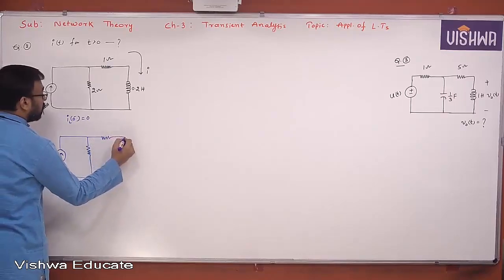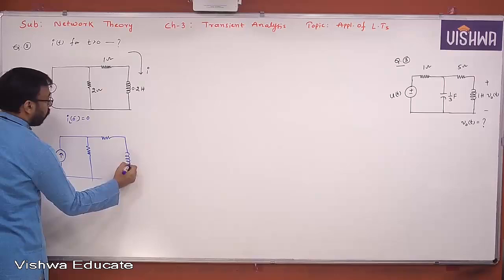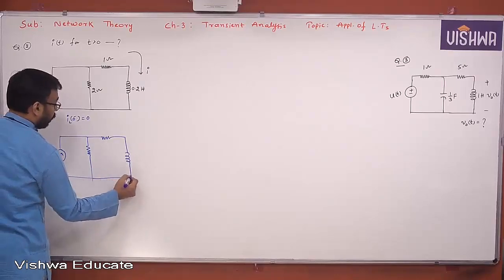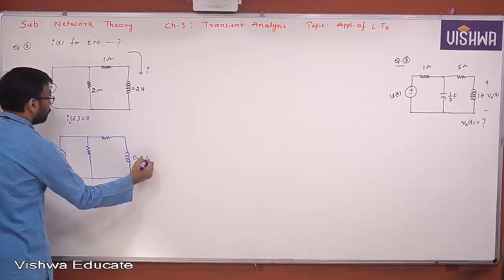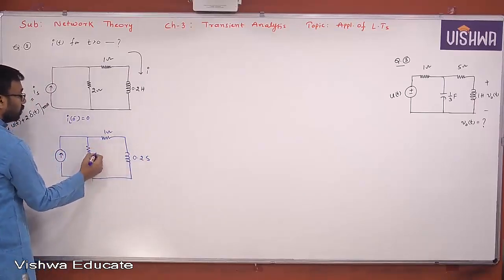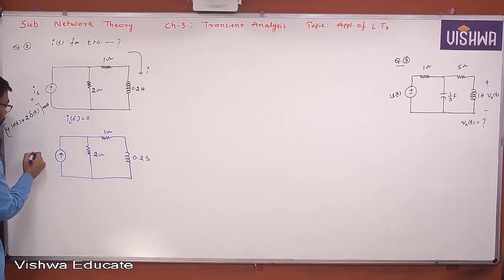Here I can find this value. Now what is this actually here? 0.2s, 1 ohm, 2 ohm. What about this? Here 4 by s plus 2. Yes or no? 4 by s plus 2.